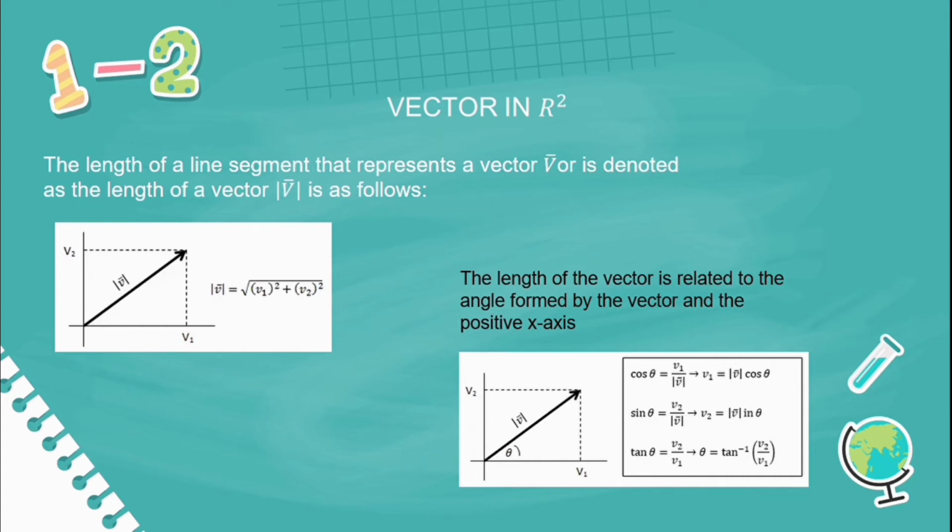Sin theta equals v2 divided by absolute value of v, becomes v2 equals absolute value of v sin theta. And the last is tan theta equals v2 divided by v1, becomes theta equals tan to the power of minus 1 of v2 divided by v1.